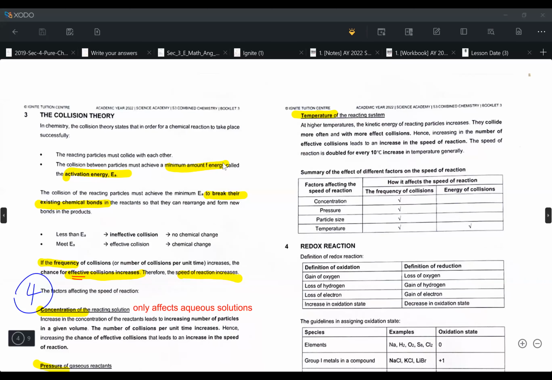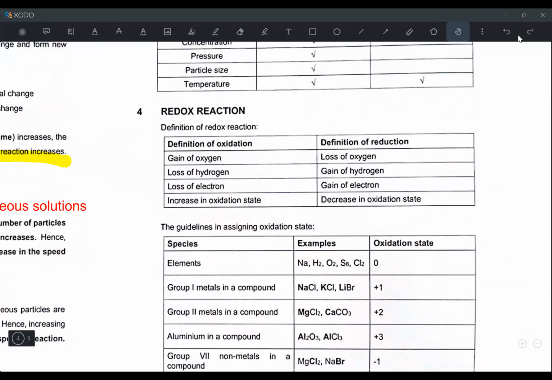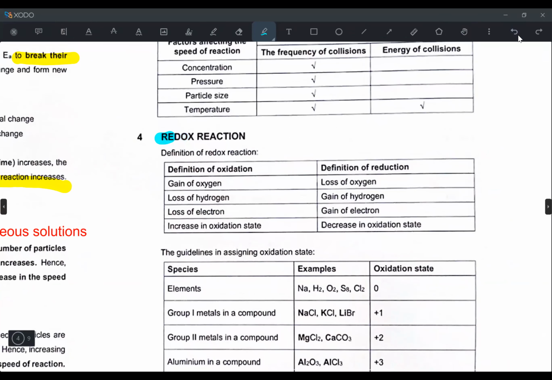Never mind. Okay, so just now, redox. Basically for redox, if we split the word, let me highlight. RED and OX. Wait, let me rewrite.